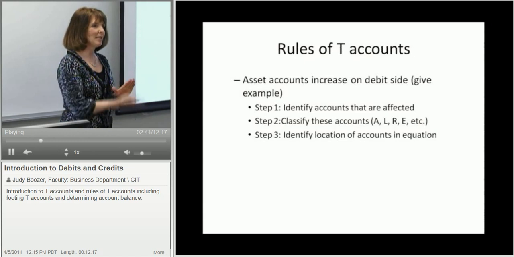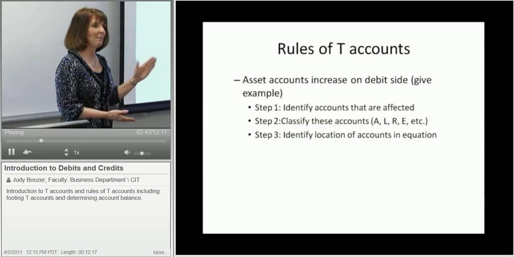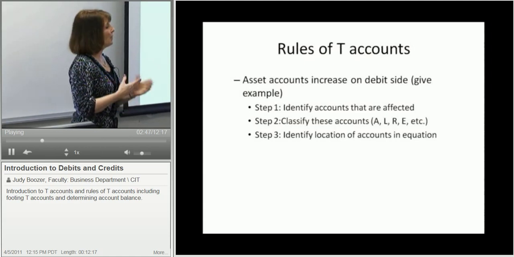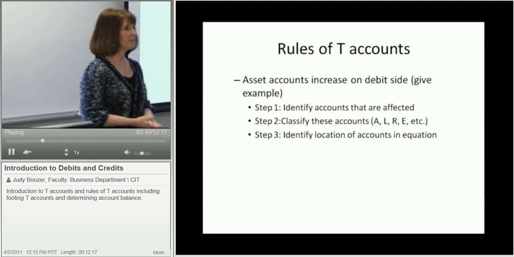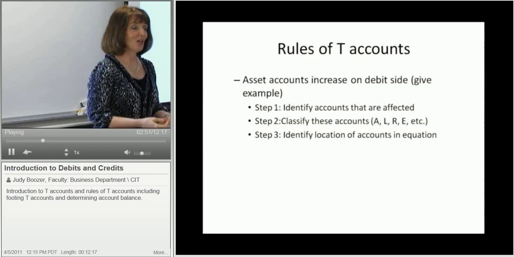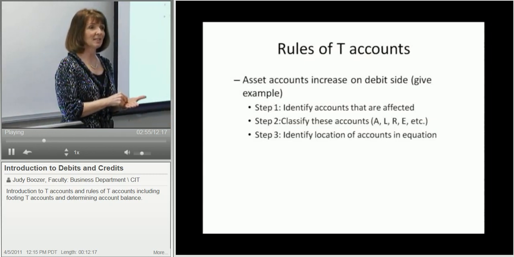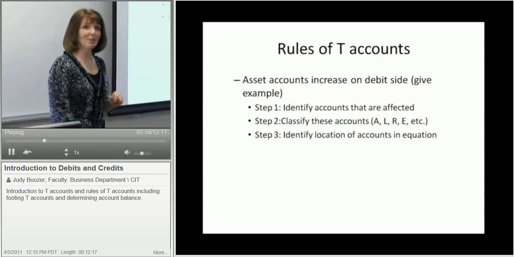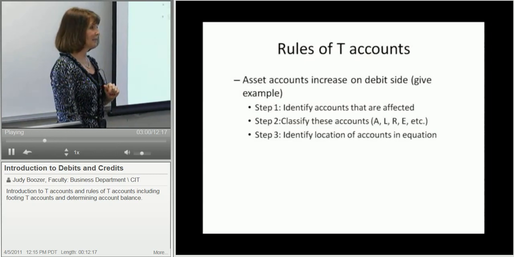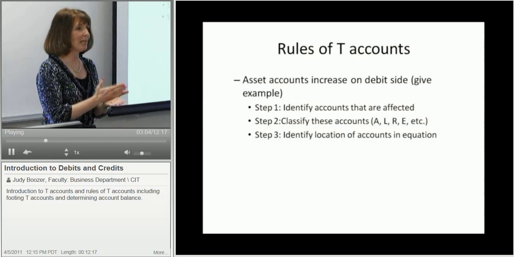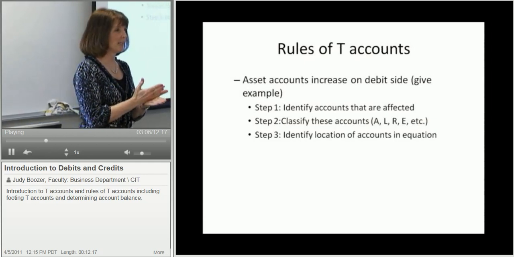So to increase an asset, you would have to debit that account. Okay? So give me an example of an asset. Cash. So if the owner is investing cash in the business, you're going to debit cash. Make sense? For every debit, there must be an equal credit or credits.